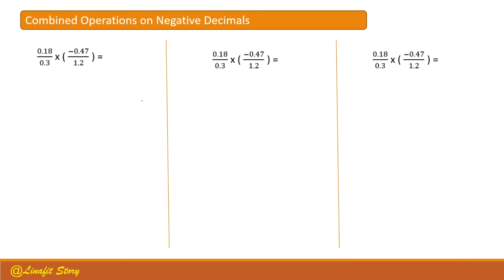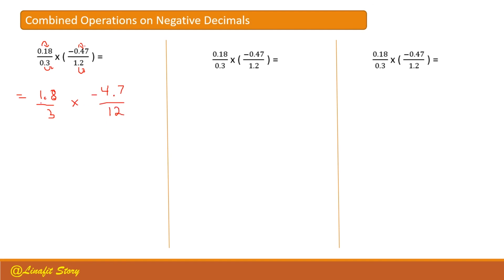Now we will learn how to solve the question with 3 different methods. So for example, here, move the decimal place one step to the right. So this is 1.8 out of 3 times negative 4.7 out of 12.